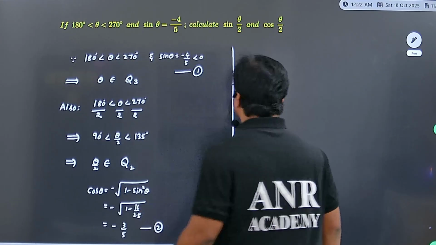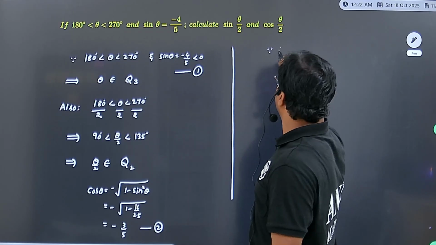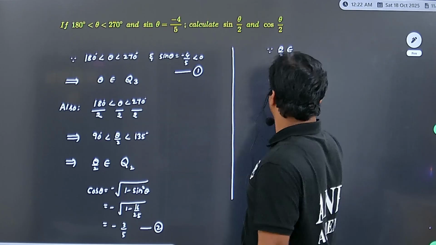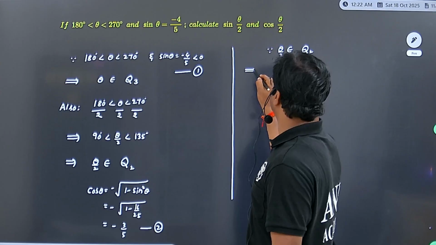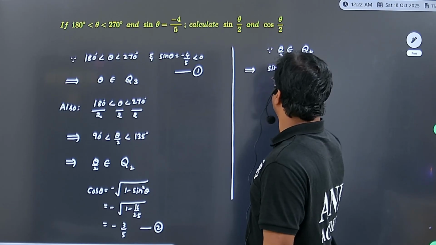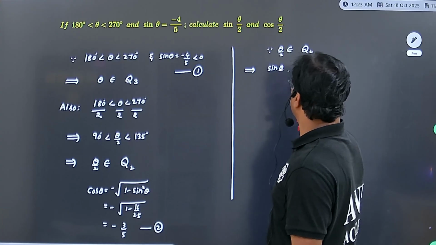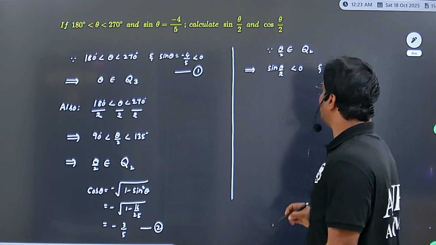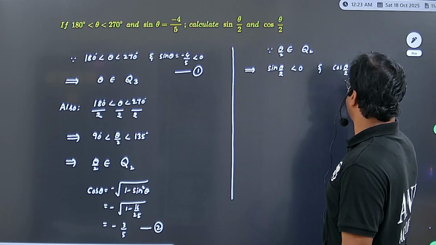Now let us find sin theta by 2. Theta by 2 belongs to quadrant 2, implies sin theta by 2 and cos theta by 2.